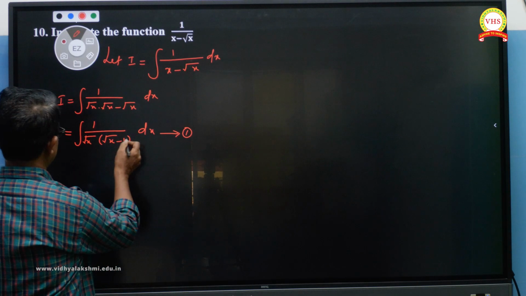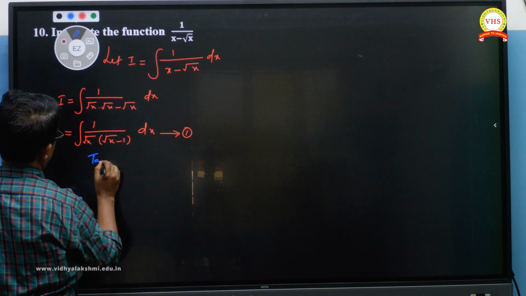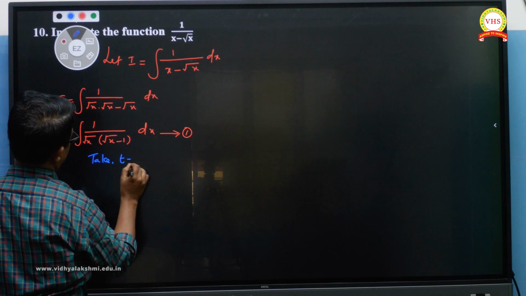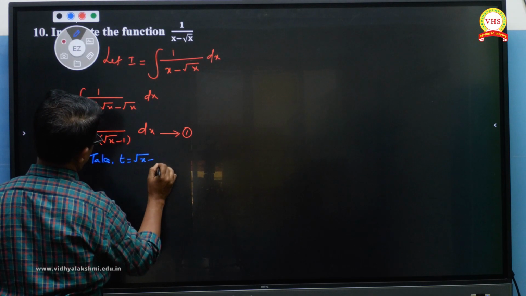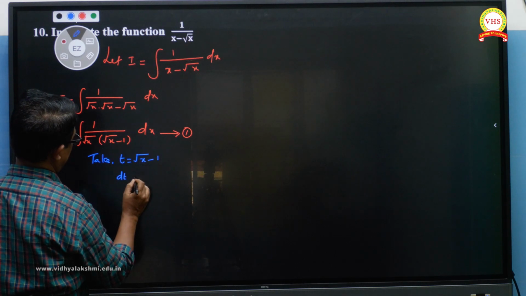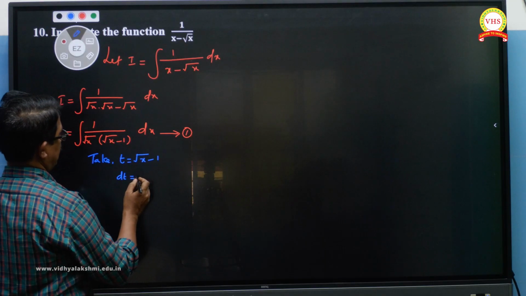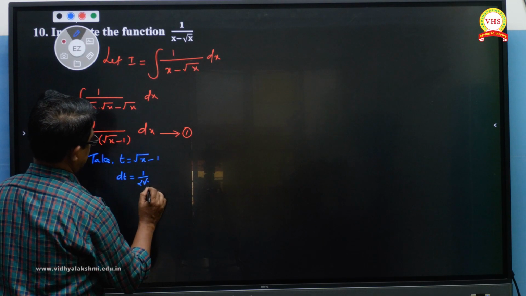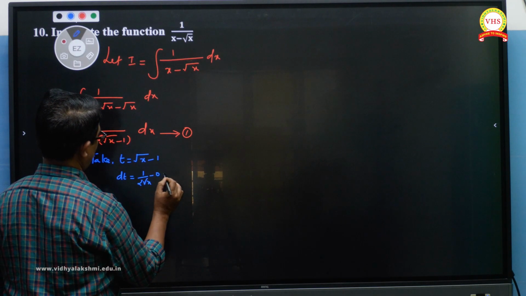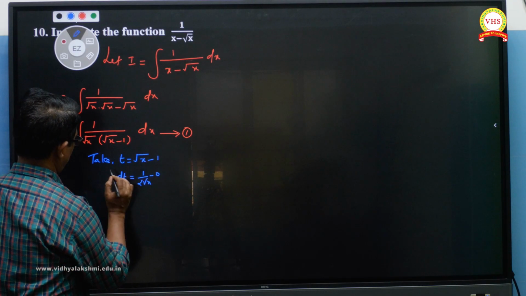Now what is in the bracket? You should take it as the alternate variable. Take t as root of x minus 1. Then what is dt equal to? That is the derivative of root x minus 1, which is 1 by 2 root x minus 0. You know very well, students, the derivative of root of x is 1 by 2 root x.